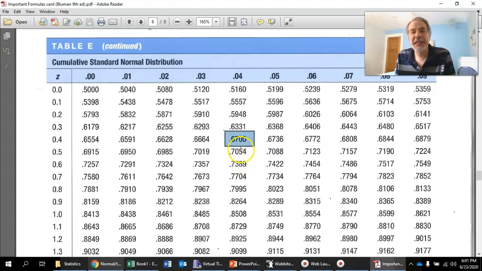That does it exactly. And what z does that correspond to? Well, an area of 0.6700 goes with a z value of 0.4 and then a 4 after that. So the answer is that z is 0.44.